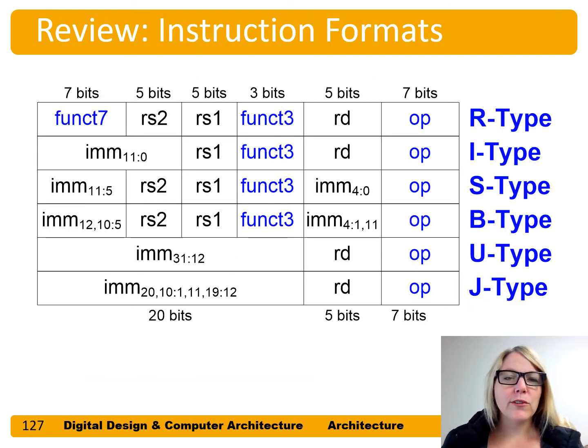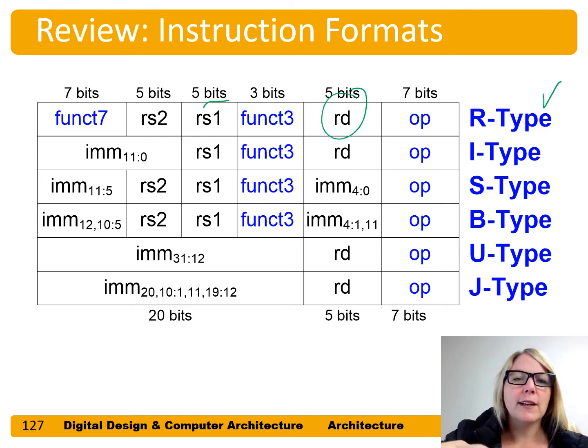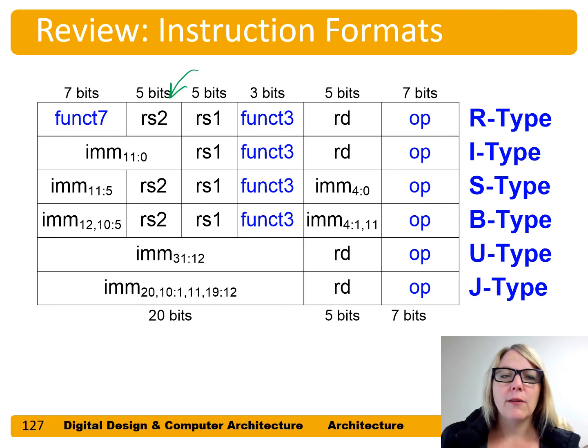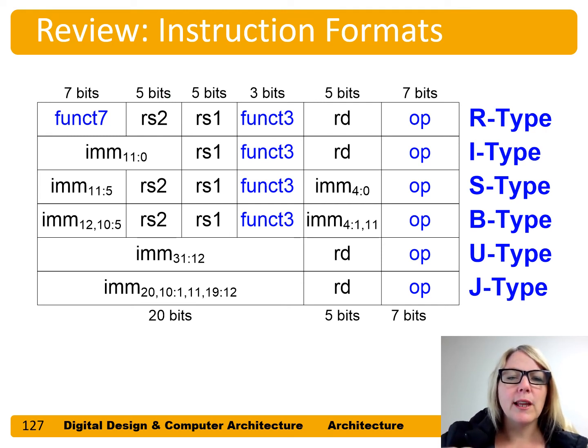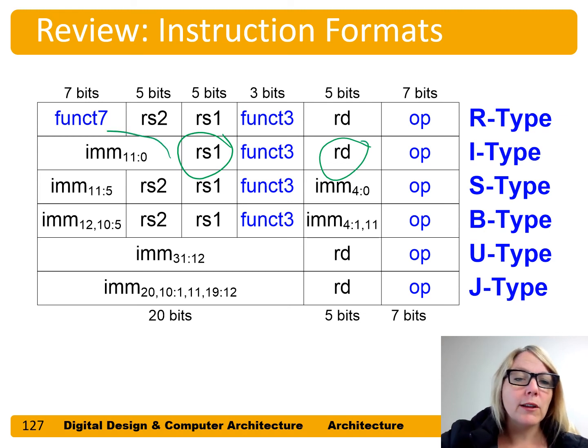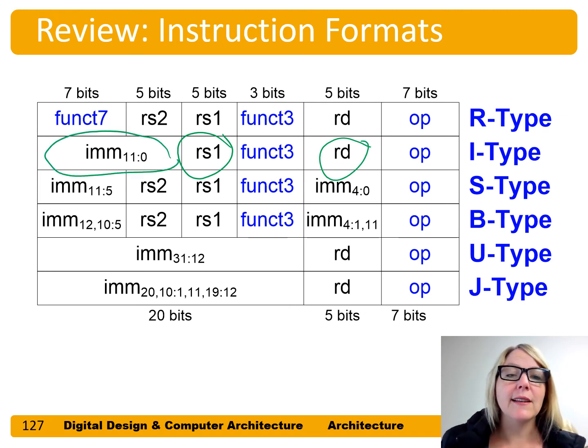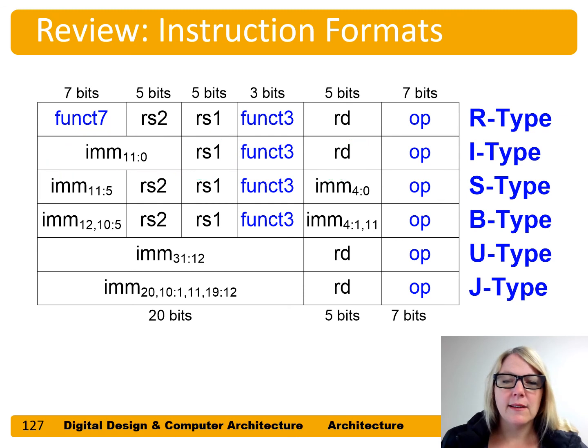So again, a quick review of our instruction formats for RISC-V. We have R-type instructions, 3 register operands, with that strange exception where we use RS2 for the shift amount for shift immediate instructions, like shift right arithmetic immediate or shift left logical immediate. I-type instructions have RS1 and RD as register operands, but also a 12-bit signed two's complement immediate.